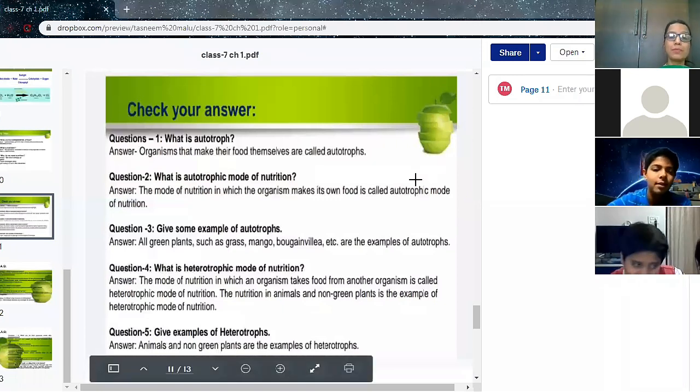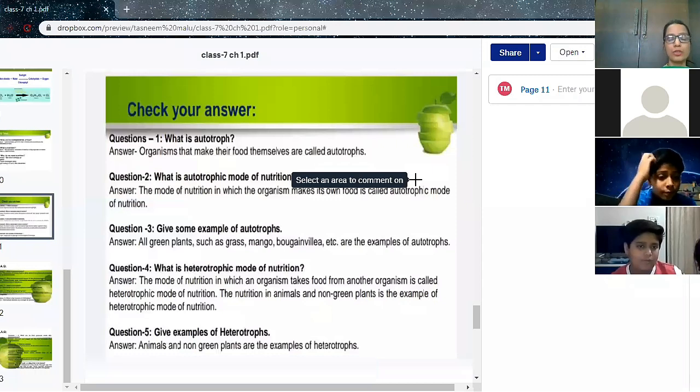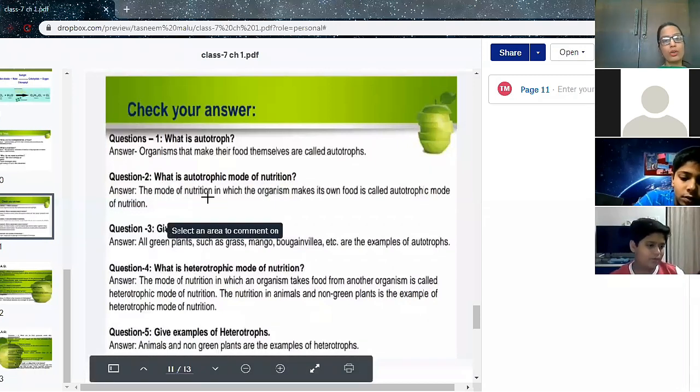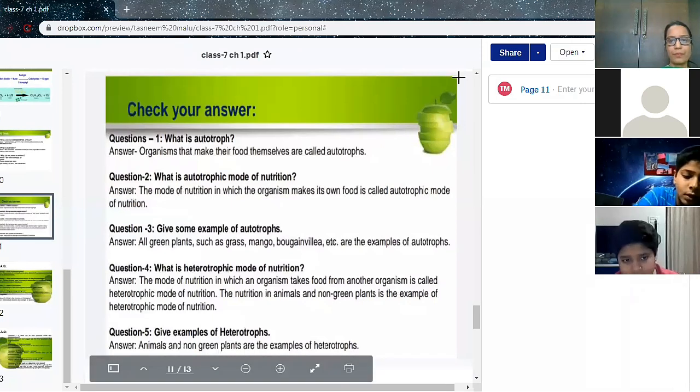Organisms that make their food themselves are known as autotrophs. Example, green plants. What is autotrophic mode of nutrition? The mode of nutrition in which organism makes its own food is known as autotrophic nutrition.